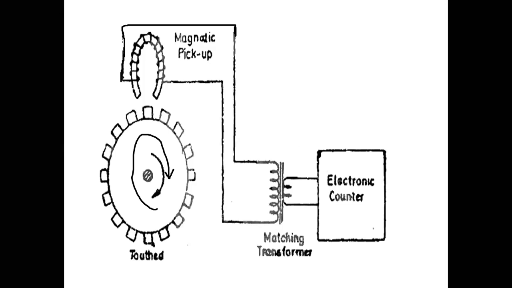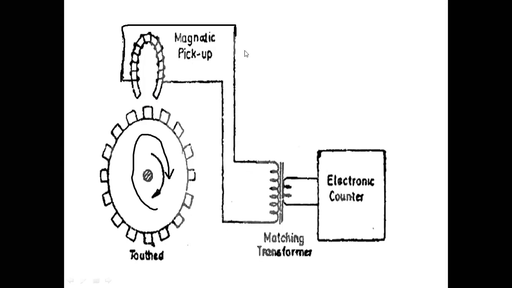Here, this is the rotor whose speed I want to measure. These are the teeth of the rotor, that's why it's called a toothed rotor. I'm placing a magnetic pickup here, and these are conductors. I'm attaching the conductor to the transformer circuit and this electronic counter.